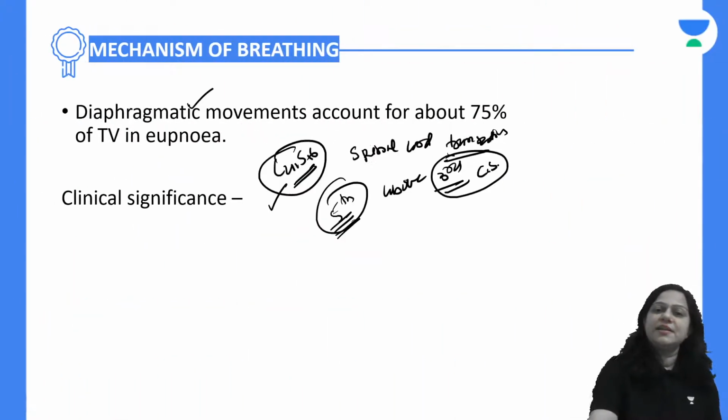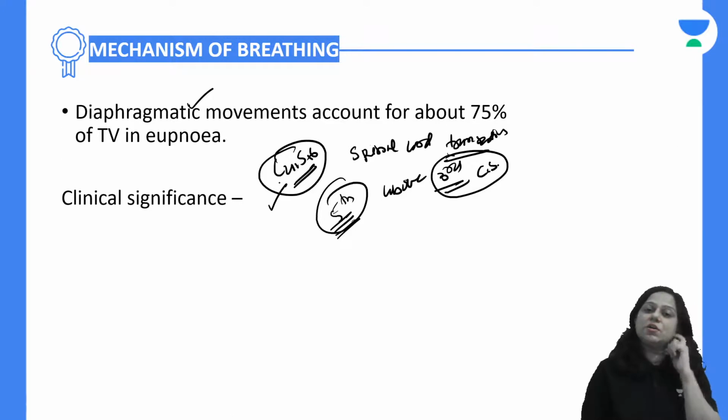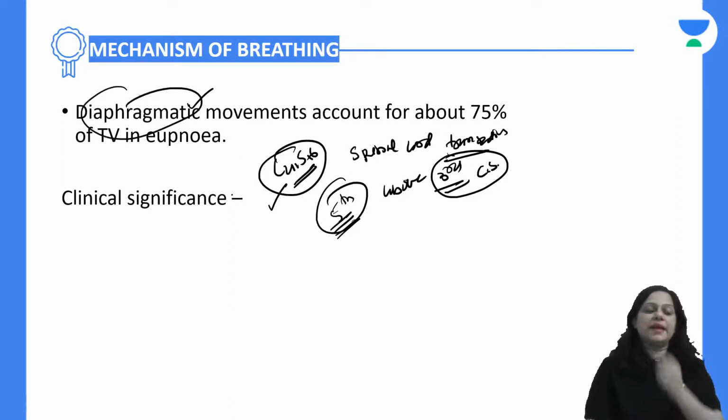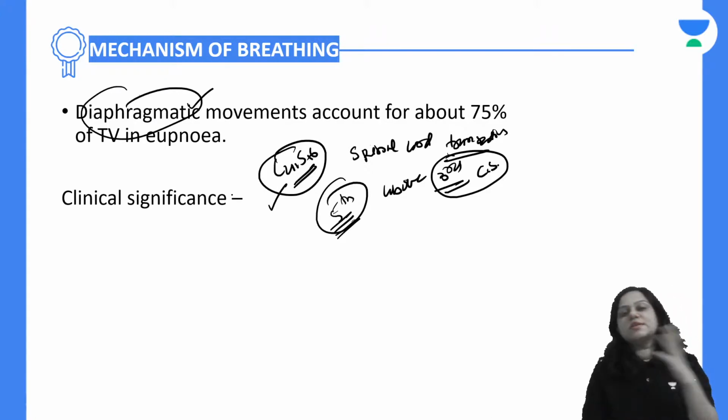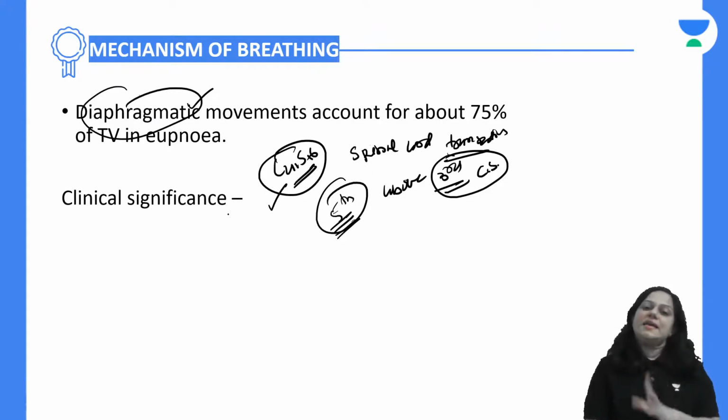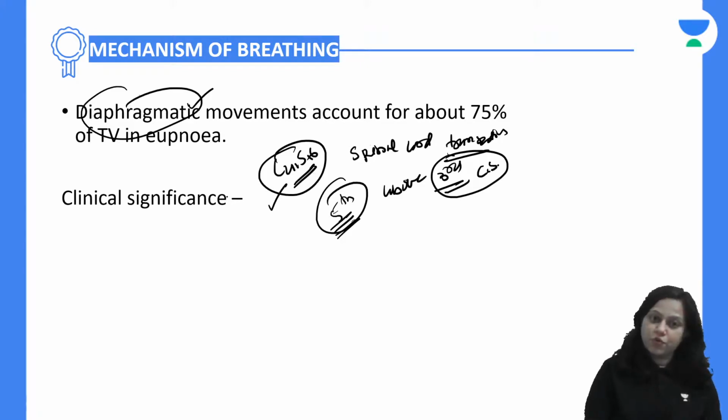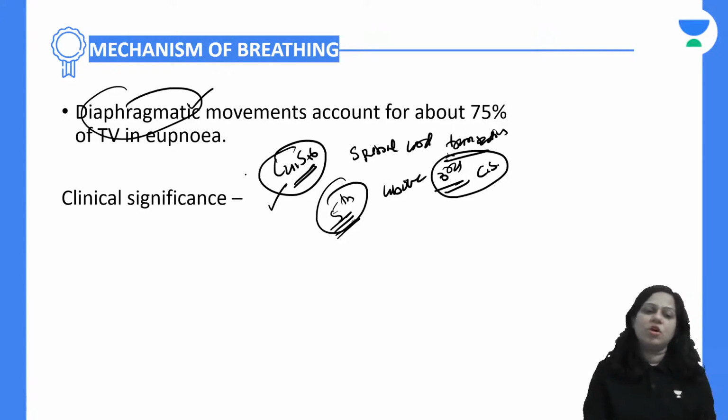Then clinical significance: always remember that if there is diaphragm paralysis but the innervation of the external intercostal muscles is intact, in that case breathing will be laborious, needing more energy and more force, but adequate ventilation is possible to maintain life.